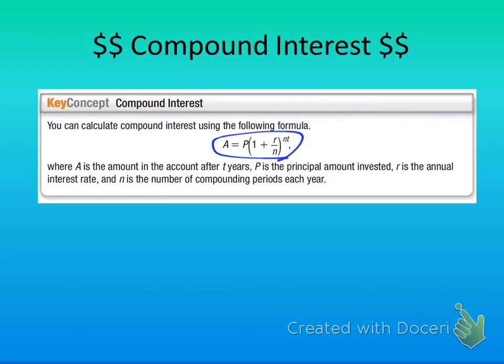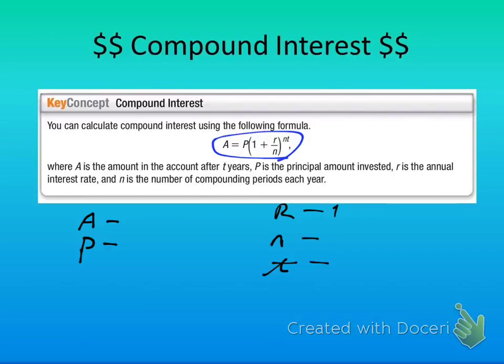Now, defining the variables. You have 5 of them: A, P, R, N, T. Let's go with the easy ones. What's R?